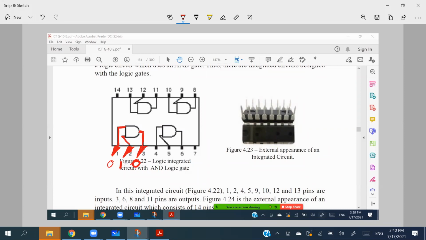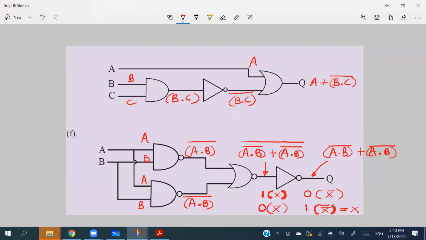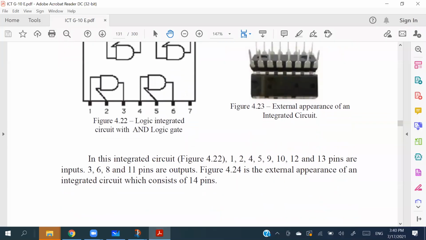So they have a similar type of arrangement, right? There we are going to discuss some of these, right? Okay, so that is how the IC works, right?